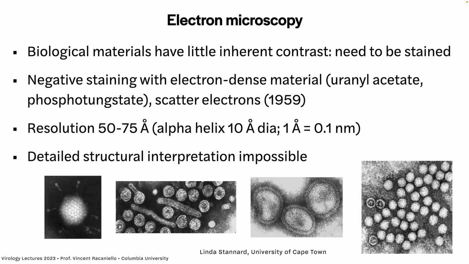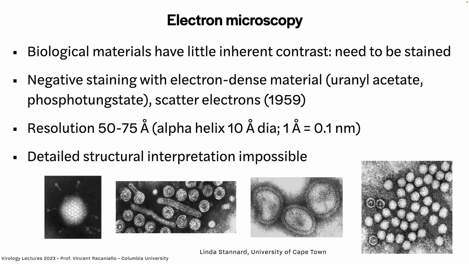You have to use something that's molecular resolution. And so for viruses, we actually do what we call negative staining. We add an electron-dense material, typically uranyl acetate or phosphotungstate, which will scatter electrons. And so these pictures are all negatively stained.